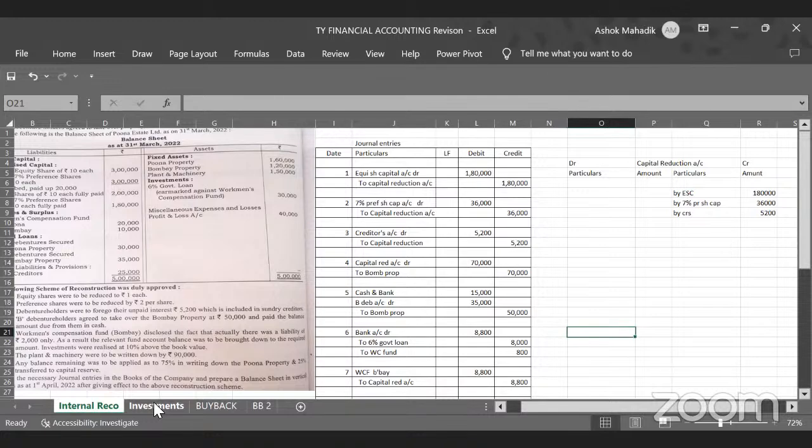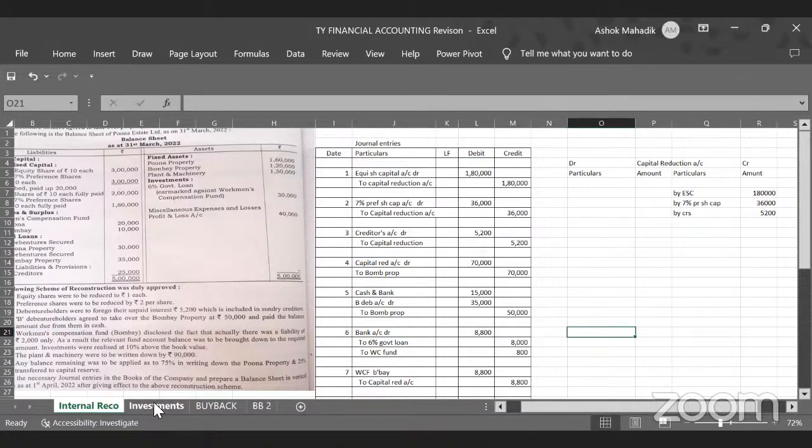Next question. What is ethical behavior? Explain the principles of accounting ethics.